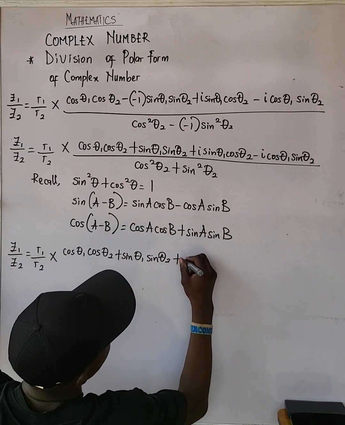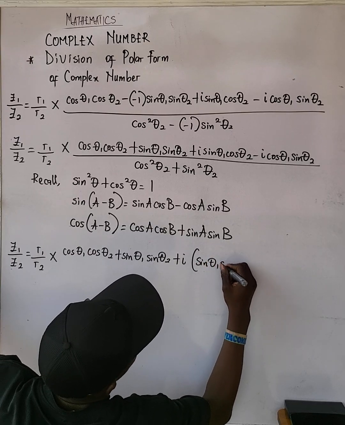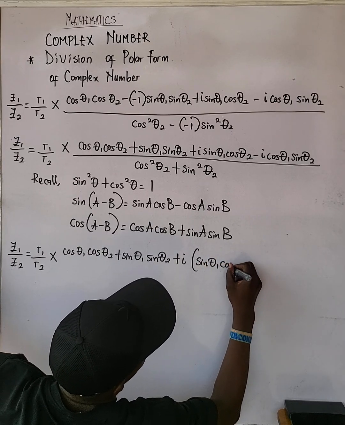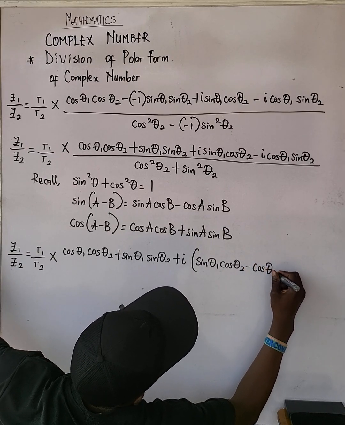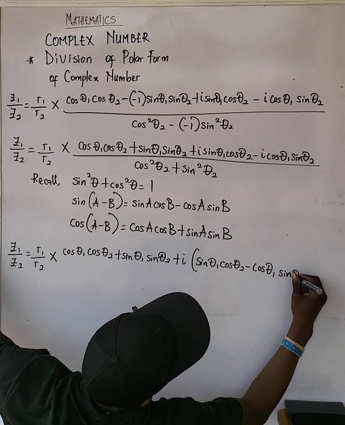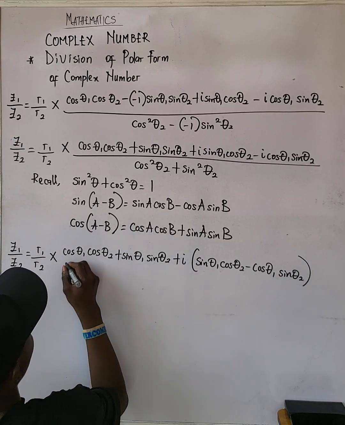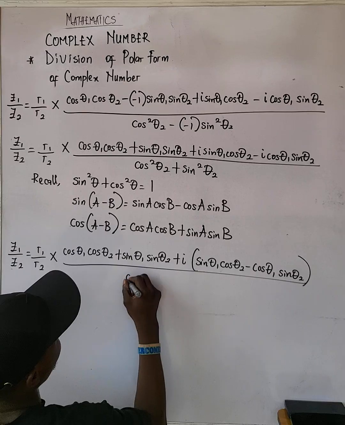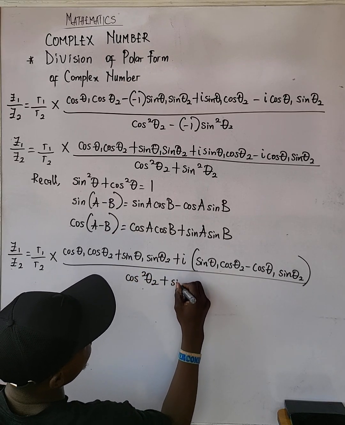We can factorize i out, so into brackets sin theta 1 cos theta 2 minus cos theta 1 sin theta 2, right? Then everything over cos square theta 2 plus sin square theta 2.